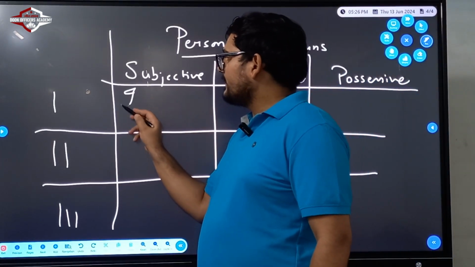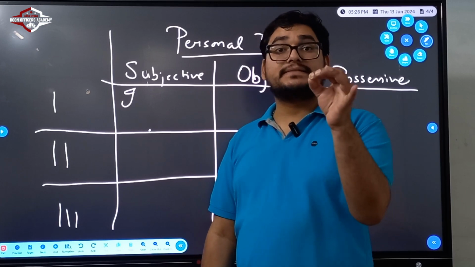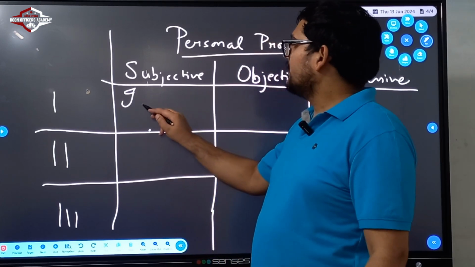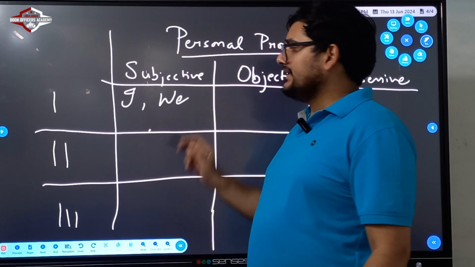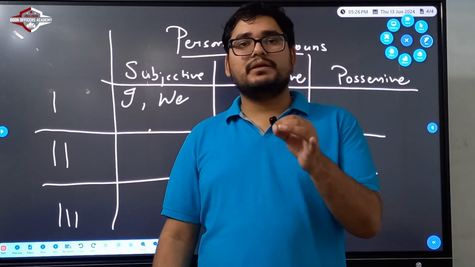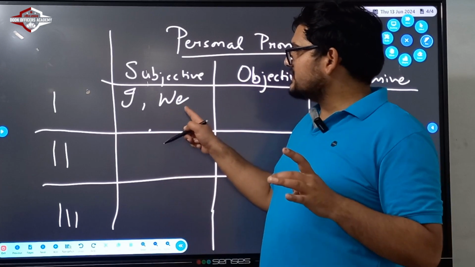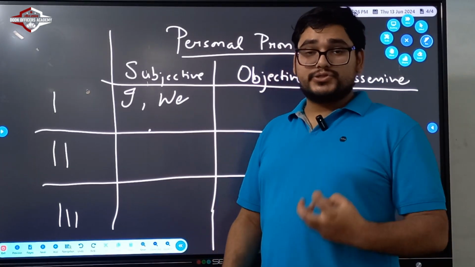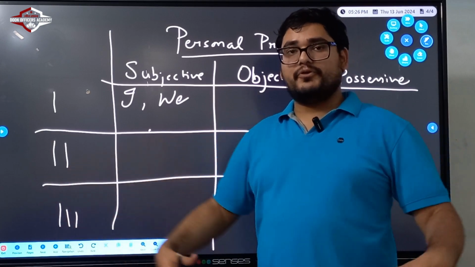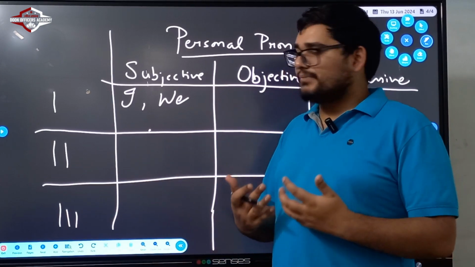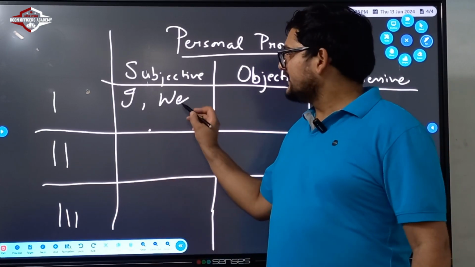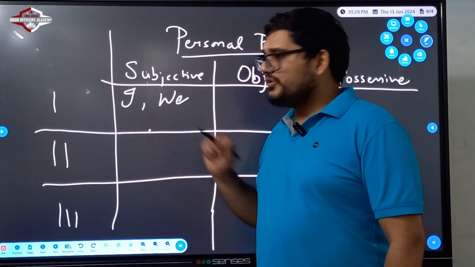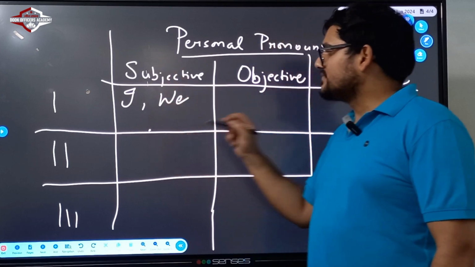I will be your first person singular pronoun. We will be your first person plural pronoun. I means मैं, we means हम. If we are more than one person, then I will use we. But if I'm singular, as of now, I will use I. So this is your subjective case.